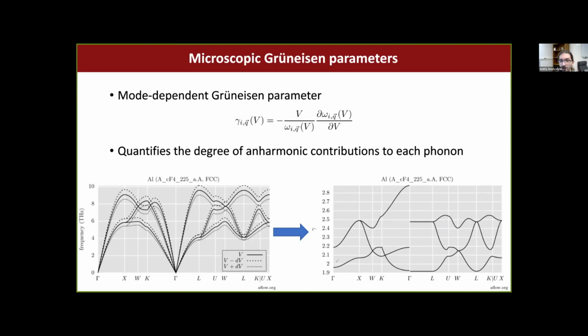And now you can actually quantify what degree of anharmonic contribution comes to each phonon. And in a harmonic model, this gamma will be 0. But here, the higher the gamma value is, the more contribution is coming from anharmonicity.